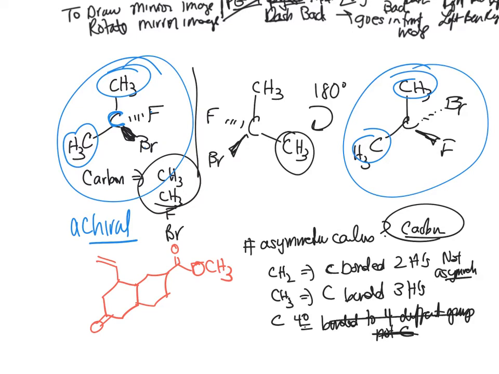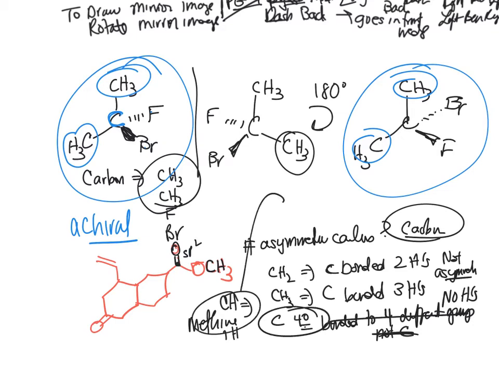A quaternary carbon has no hydrogens. And then you can have a methine, which is a CH, bonded to 1 hydrogen. You see the CH3, you don't have to worry about that. This carbon is bonded twice to oxygen, so that's an sp2. So you're really looking at a methine or quaternary carbon, and that would be an sp3 carbon.